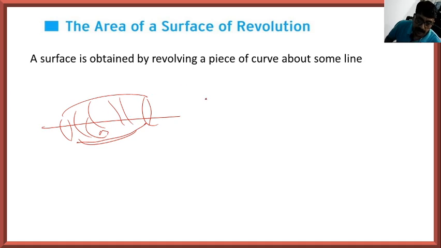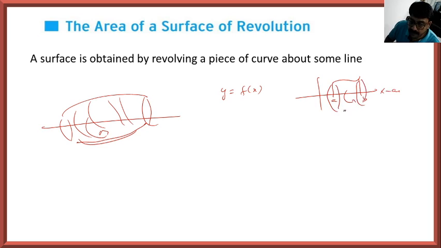In Cartesian form we already have a formula. If y is equal to f of x, and the curve runs from a to b, and it is rotated about the x-axis, we get a surface.